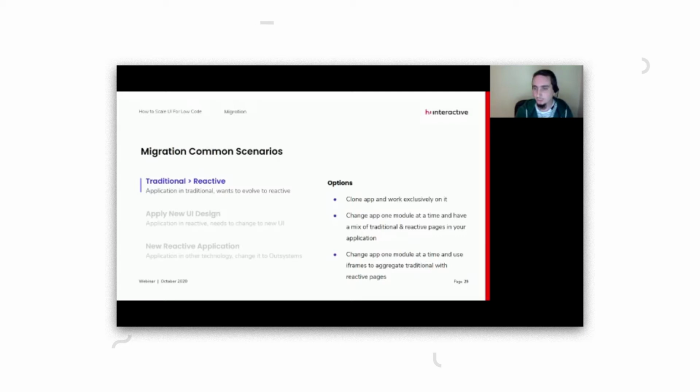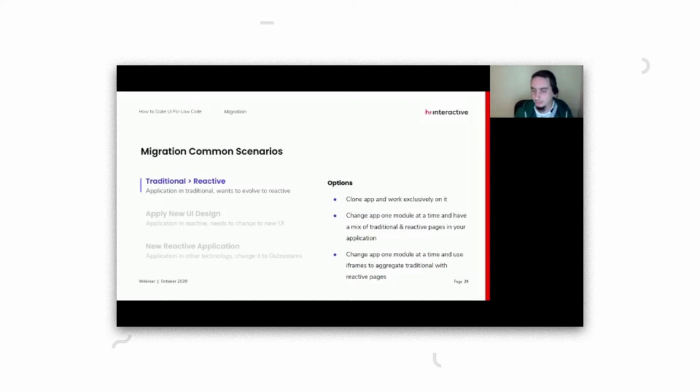The first option that we can discuss is simply to clone the application and start developing in the new application exclusively. Then when the application is ready, they simply send it to production and use this new application.